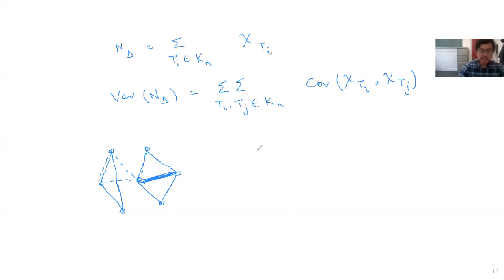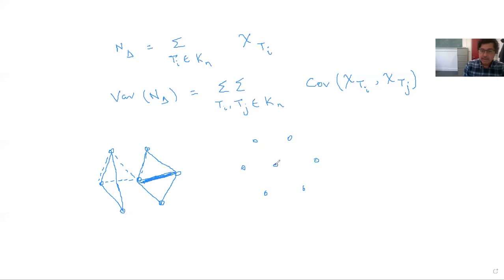Another thing that could happen: we might consider two triangles with no edges in common. We could consider two triangles with an edge in common, like here.